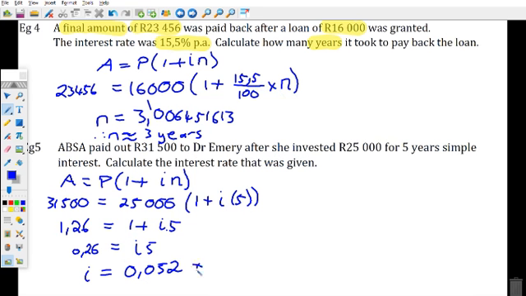So we're going to times by 100, and my interest rate is going to be 5.2%. Okay, you guys understand that? All we're doing is manipulating things. We know the A, we know the P, we know the r. We find the n, we solve for n. Solve for P. Good. Can we move?